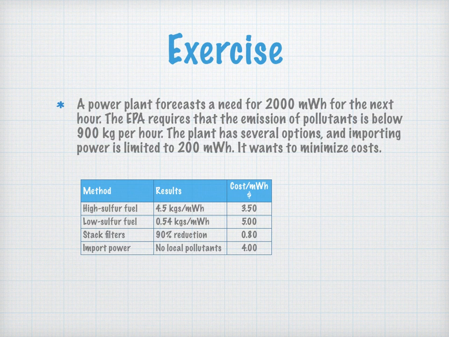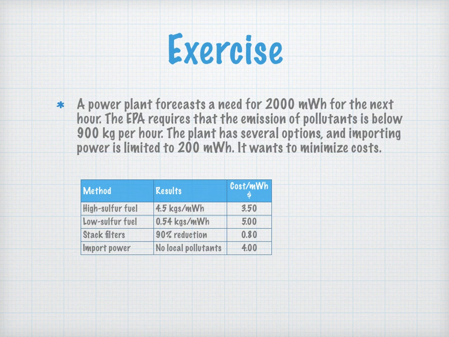This exercise will enable you to further your knowledge of how to specify a linear programming problem for a blending issue. In this case, we have a power plant that has to generate 2,000 megawatts for the next hour, subject to certain EPA requirements that the emission of pollutants is below 900 kilograms per hour. The plant has several options.